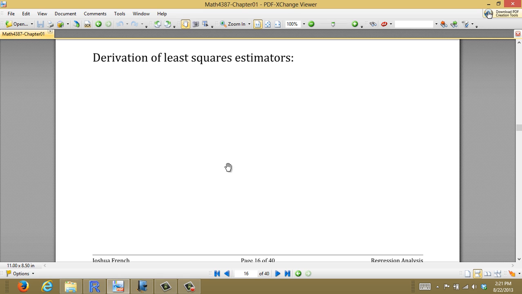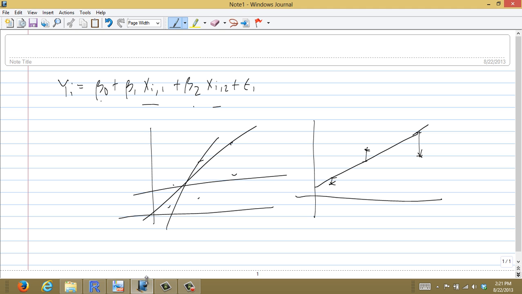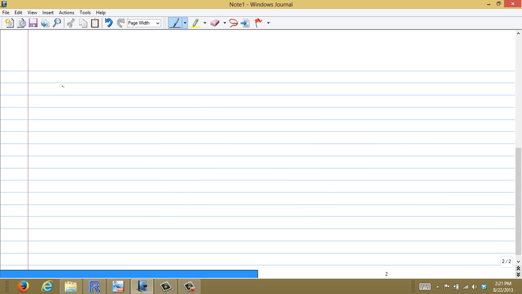As I mentioned, we have our least squares error criterion, which is the sum of the squared deviations. We have our regression function here. We take the difference between the regression function and the observed responses, and we square that difference. We want to minimize this function with respect to beta naught and beta 1.